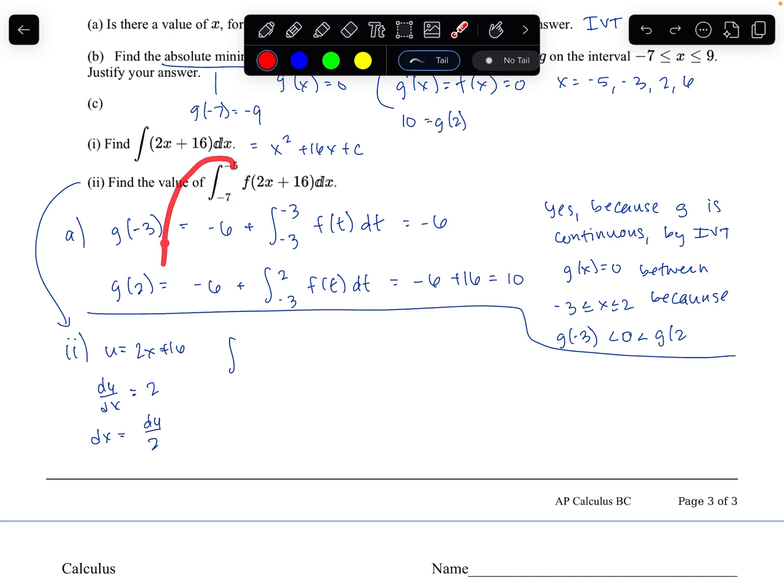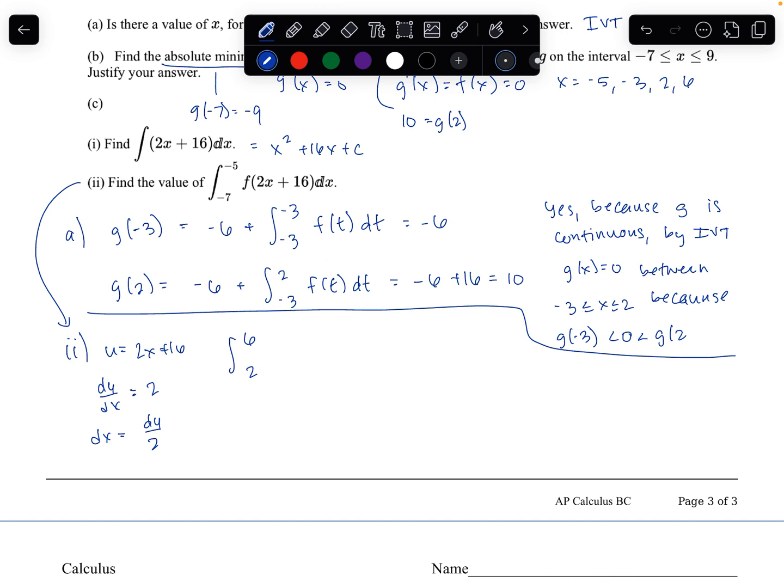If I plug in negative 5, that's negative 10 plus 16, so that's going to be 6. And if I plug in negative 7, that's negative 14 plus 16, that's going to be equal to 2.